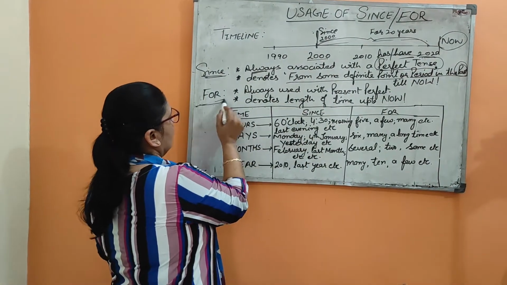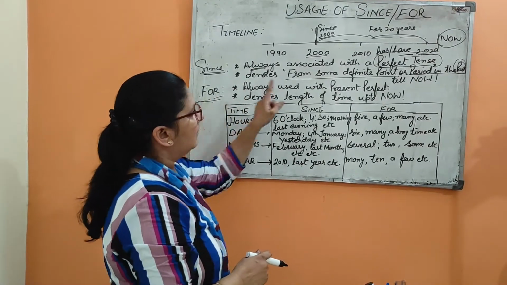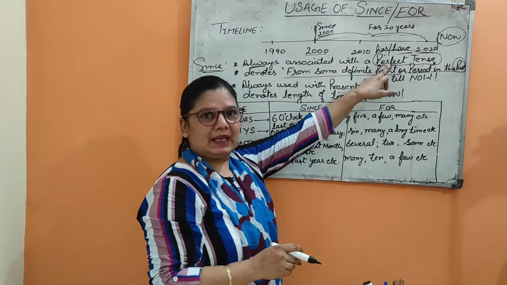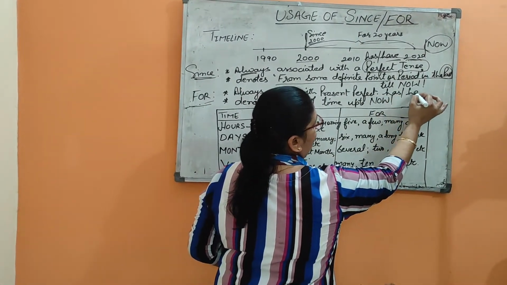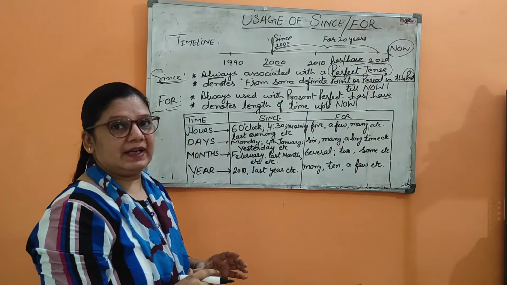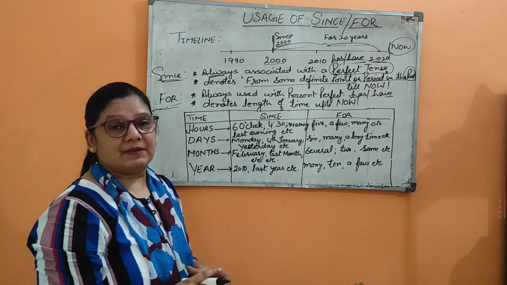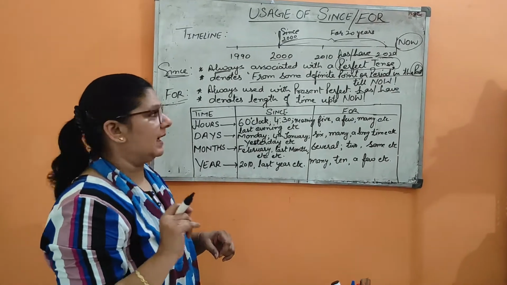And with for, we have to keep in mind, always use for with the present perfect tense. Same thing again, where the sentence has has or have as its helping verb. That is perfect tense. These are called perfectives. Using has, have or had are called perfectives.